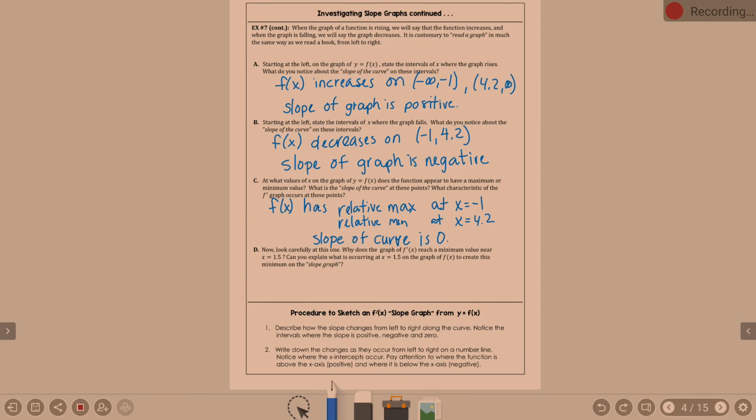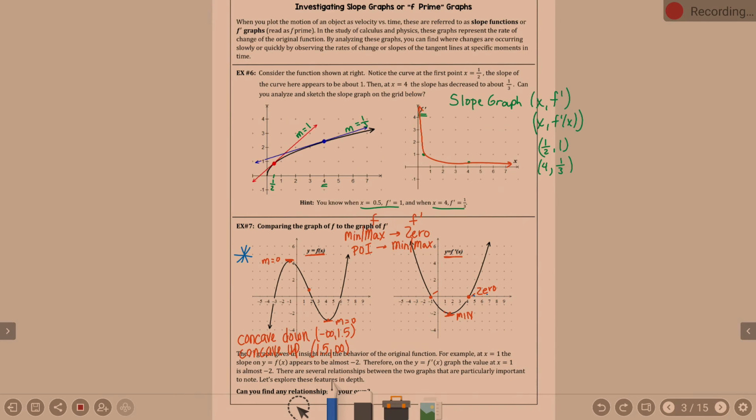Oh, and we already talked about this next one too. Now look carefully at this one. Why does the graph of f prime of x reach a minimum value near x equals 1.5? Can you explain what is occurring at x equals 1.5 on the graph of f of x to create this minimum on the slope graph? Why was this minimum here? There's a point of inflection here. My graph was changing from concave down to concave up.